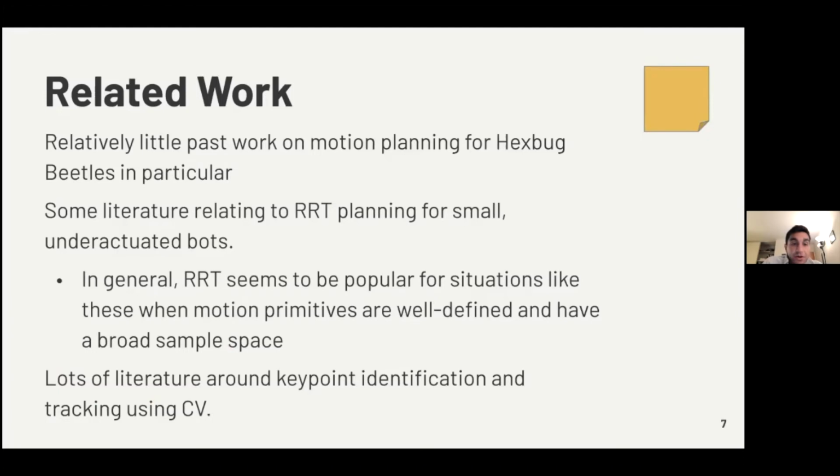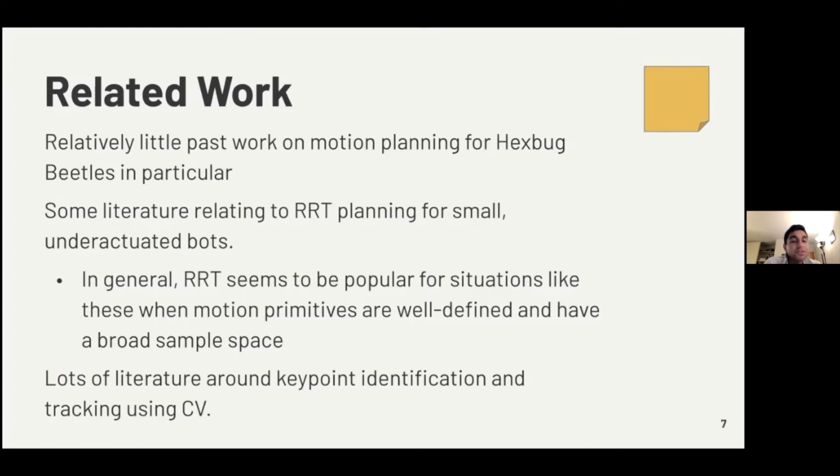So, some related work on this. There's actually relatively little. We couldn't find any papers regarding motion planning for the hexbug beetles in particular. We did find some papers relevant to some of the other hexbug bots, but none on the one we're working on specifically.